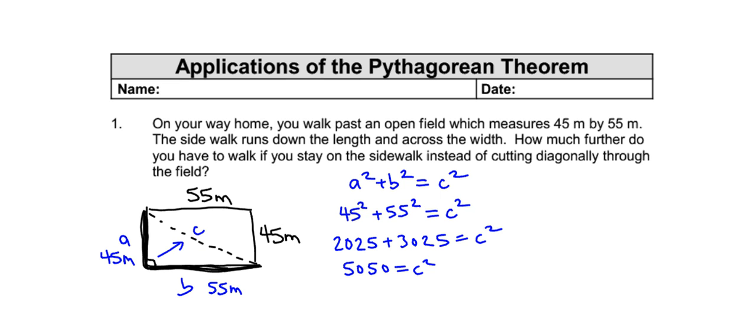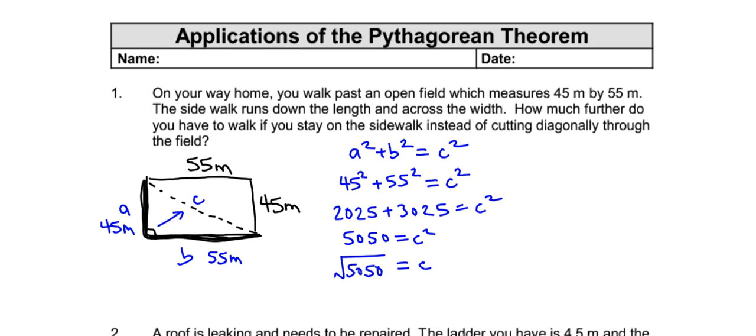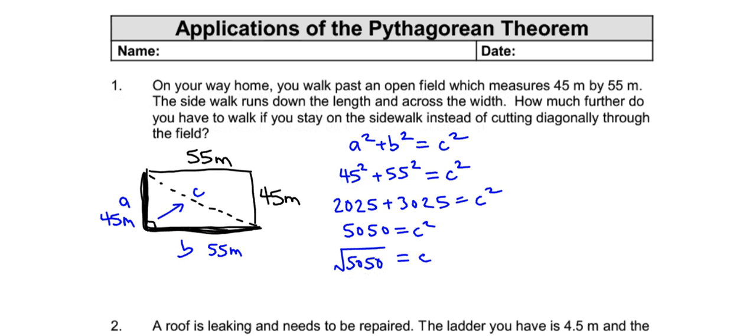In order to go from C squared to C, because the diagonal measurement is just C, not C squared, I have to do the opposite of squaring the number, which is square rooting. So I work out the square root of 5,050, and that gives me a value of 71.1 if I round it to the nearest tenth. My units are meters, and that's equal to C.